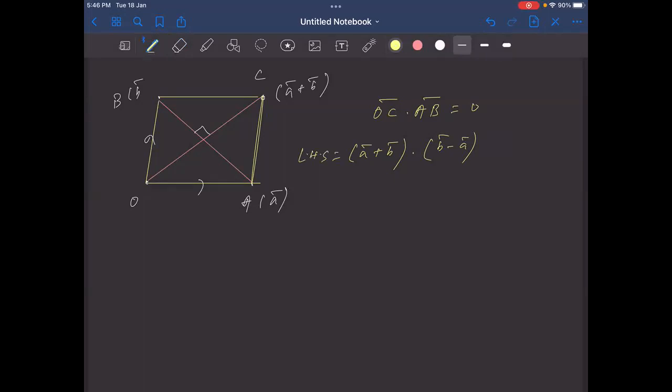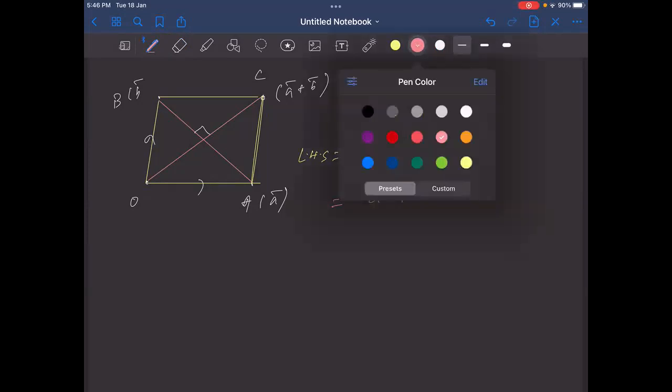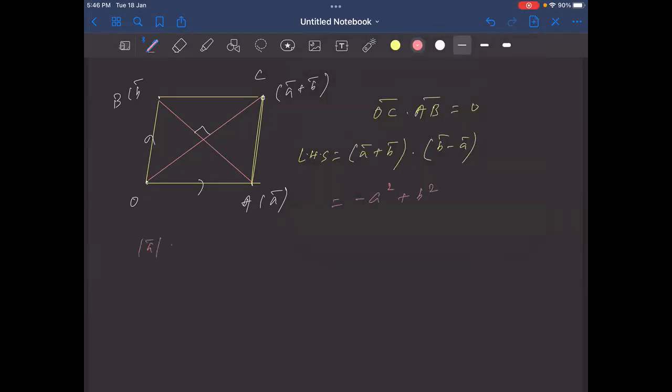If I take the dot, we get A square minus A square plus B square, and since it's a rhombus, we already know mod A is equal to mod B. So it means A is equal to B. So this is 0.